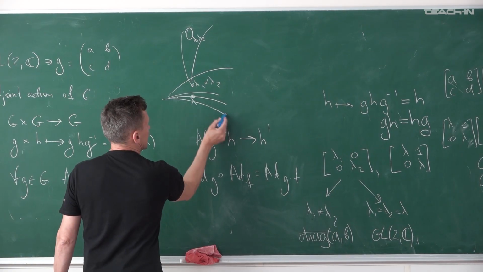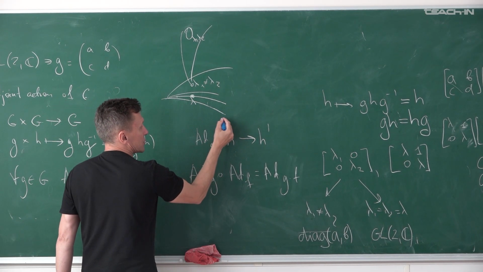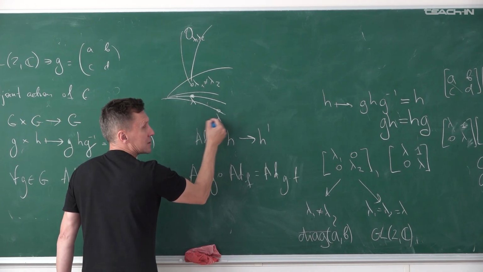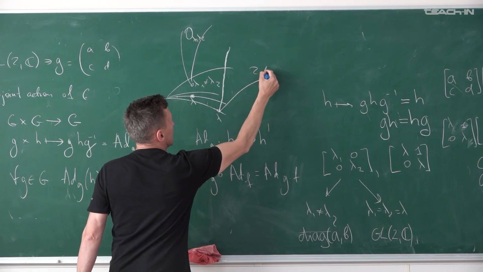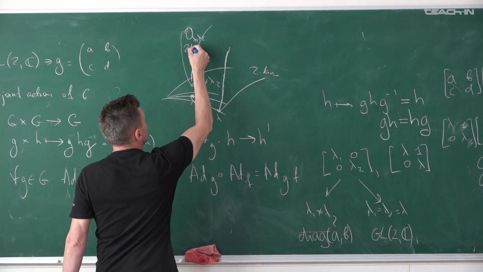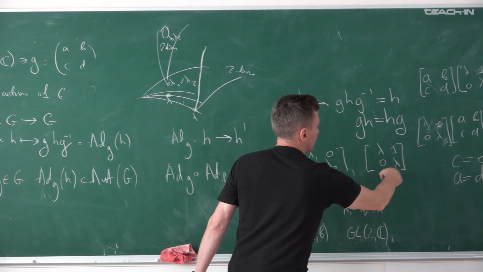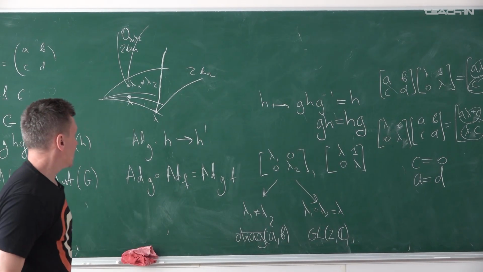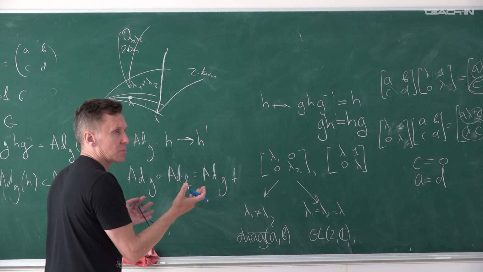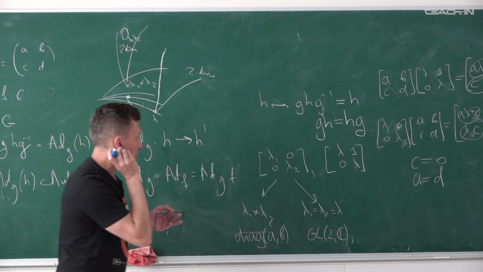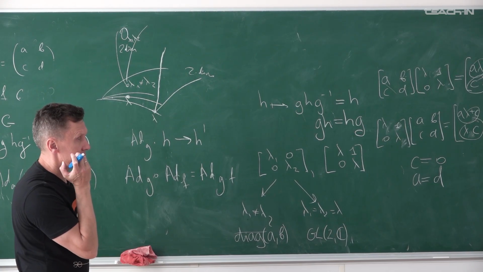There is also a slice which is one-dimensional, parameterized by lambda. But here the orbits are also two-dimensional. These are the orbits of matrices represented by the Jordan block with the fixed eigenvalue.